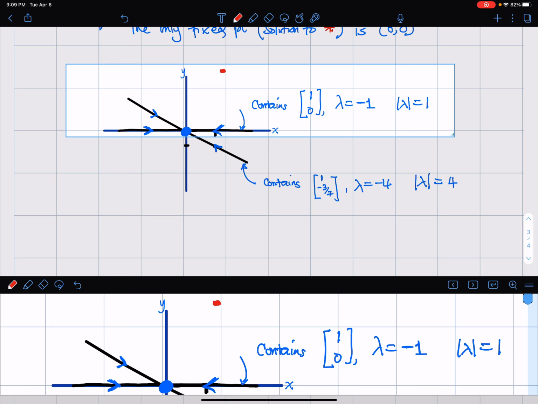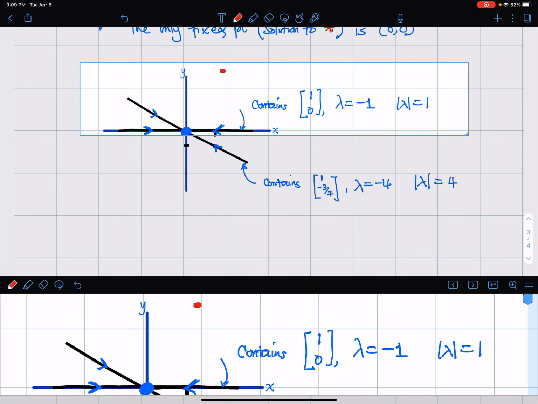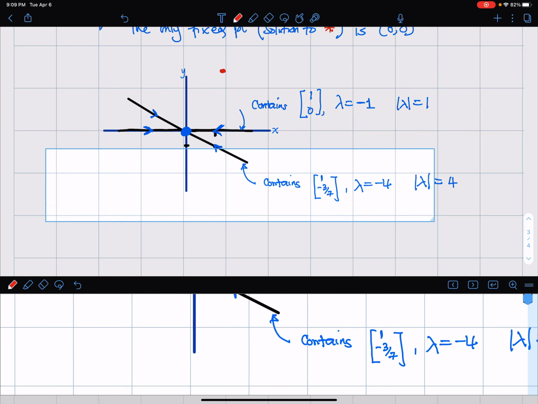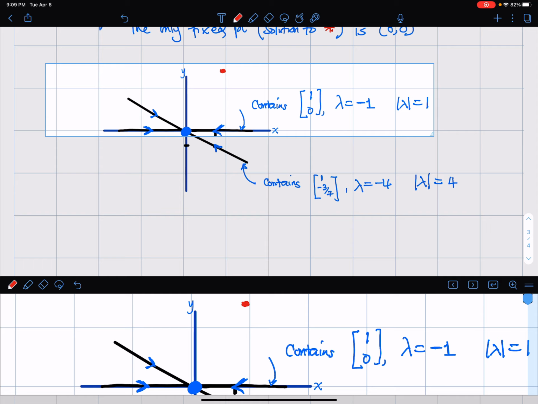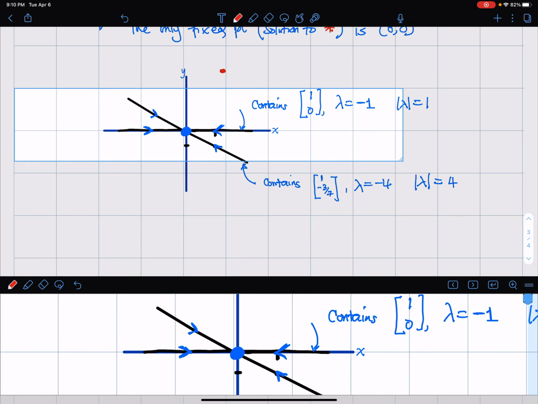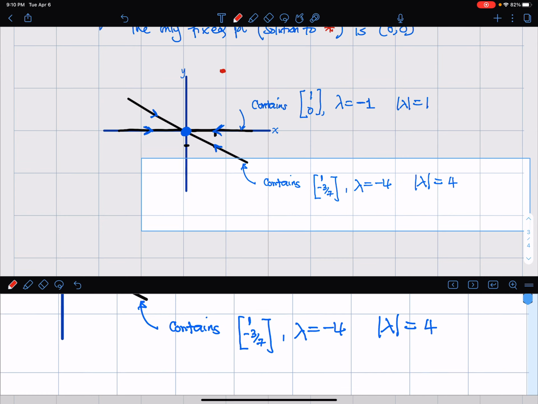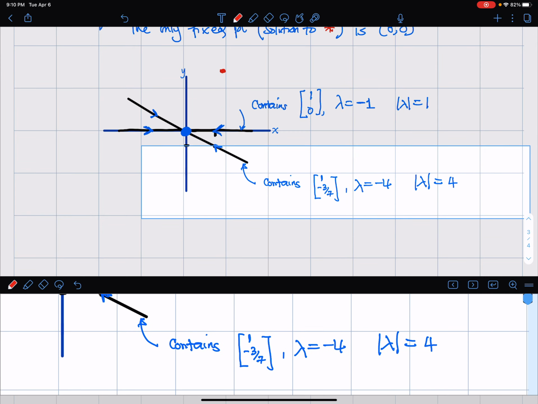Remember this: whenever you have a point, the point has to go towards the origin because the origin is an equilibrium point. In going towards the origin, it starts out being parallel to the eigenvector that has the eigenvalue with a larger magnitude and ends up being asymptotic to the eigenvector that has the smaller magnitude.